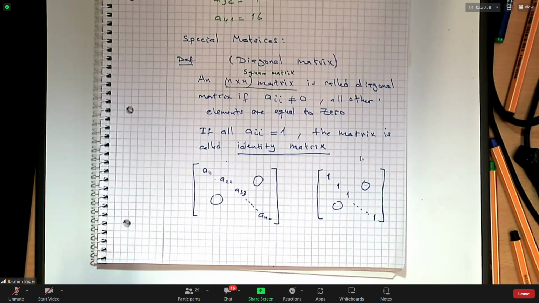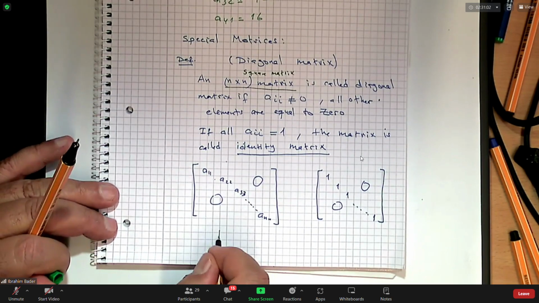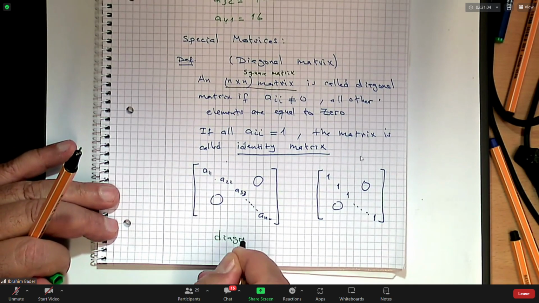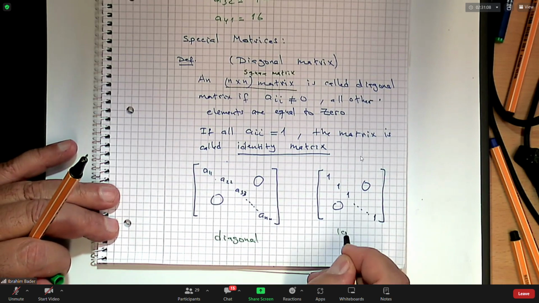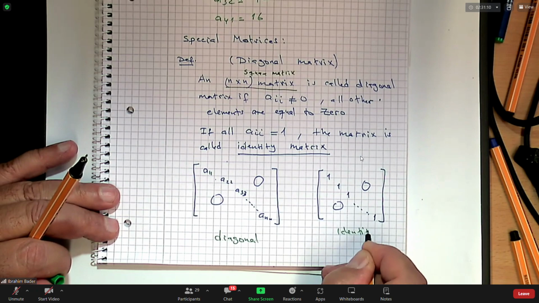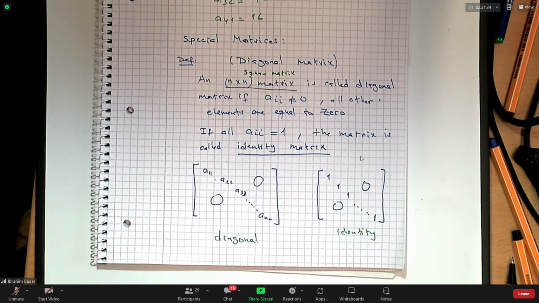So this one is diagonal. This one is identity. Notice here in real numbers, we have only one identity, which is 1, right? For multiplication, and 0 for addition.